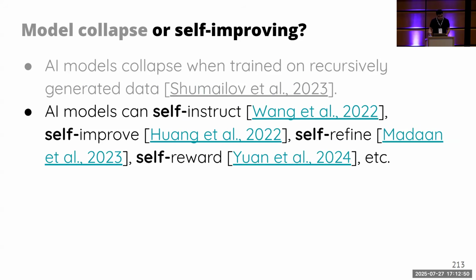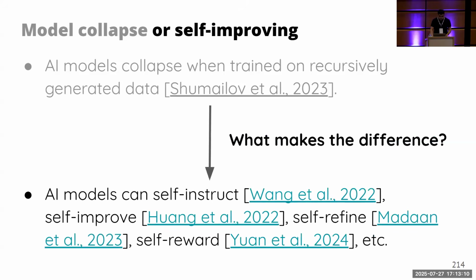However, on the positive side, in practice, we also have seen that many studies show the model can self-instruct, self-improve, self-refine, self-reward, etc. In other words, an extreme case of synthetic data is that the model can self-improve as well. So what actually makes the difference between the model collapse and the model self-improving?